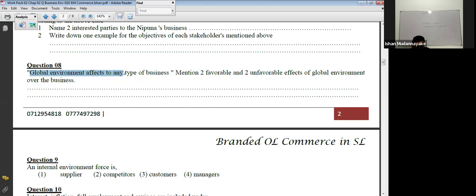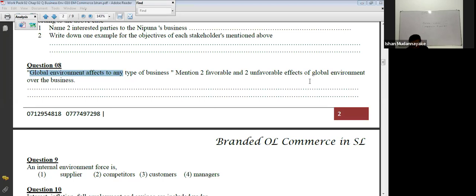Please go to the advantages and disadvantages of the global environment in the textbook and get the idea. After getting the idea, close the book. Don't write the answer looking at the textbook.